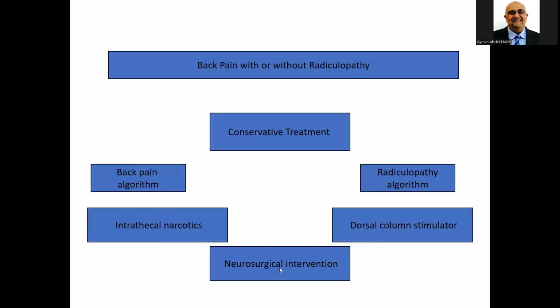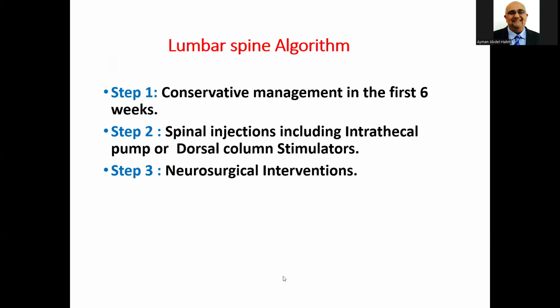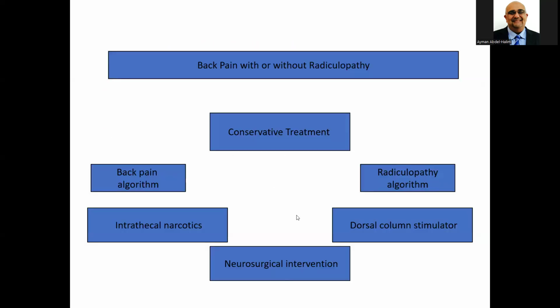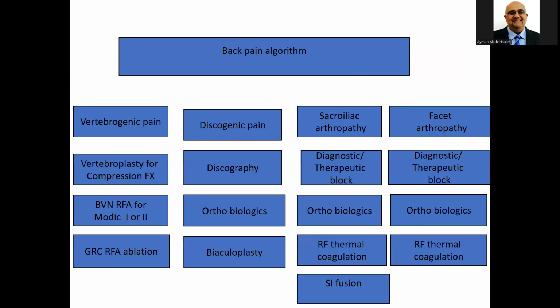And then here, the third step in the algorithm is basically the neurosurgical interventions. Now, sometimes you do the neurosurgical interventions, or step three, before step two in certain circumstances. Okay, so let's start with the axial or low back pain algorithm.